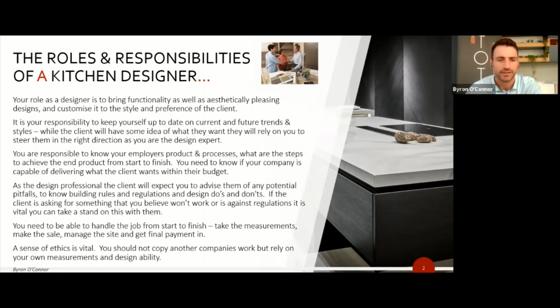So ensuring that you are guiding your client through the process with ease, and that they are trusting you to deliver from start to finish, and just knowing your products, knowing what you're able to offer.